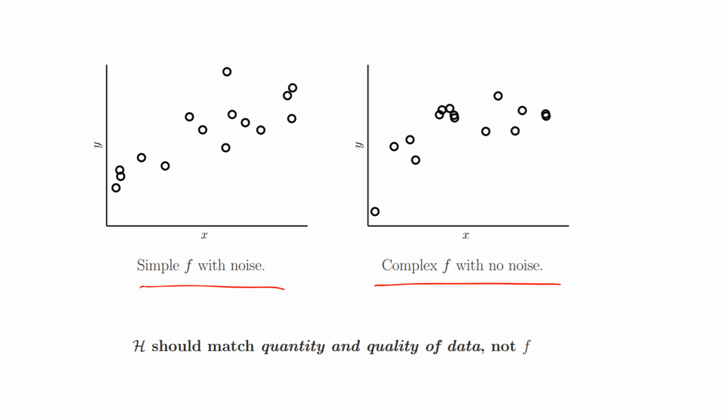My hypotheses should try to match the quantity and the quality of data, and not F. And because of the way the data is given to us, a complex model is more likely to go nonsensical and not generalize well outside of this sample, because if I have a complex F, it's hard to learn even outside the sample. That's the intuition behind this idea of overfitting.